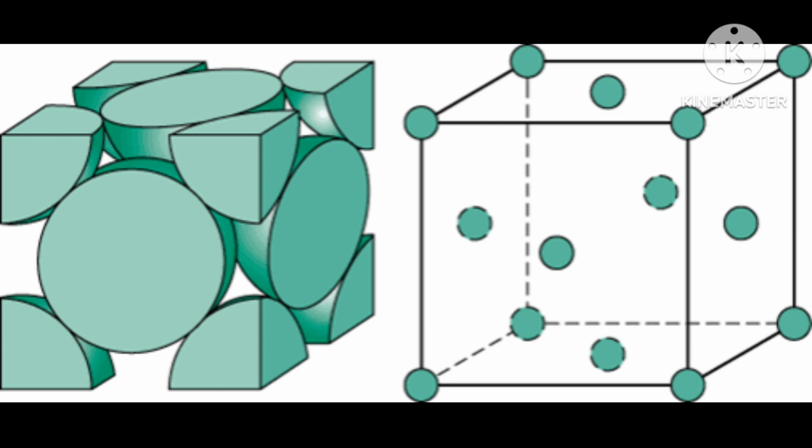Suppose many small atoms are there in a cube, and you know the total mass M, the molar mass, and you want to know the mass of one atom. Suppose all atoms are the same, then what is the mass of one atom? That you can calculate if you know the value of M.